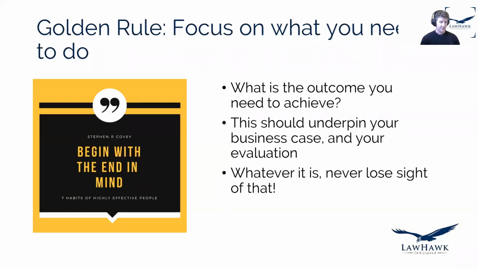And the outcome that you need to achieve is unlikely to just be a document, which seems odd in the context of document automation. But really, when you think about it, it's much more likely that you're going to be working with a customer or a supplier, and you're going to be trying to jointly achieve some outcome together. And that's actually the outcome that you need to achieve. The document itself is just one small step along that process. So you've got to focus on what it is you're trying to achieve.